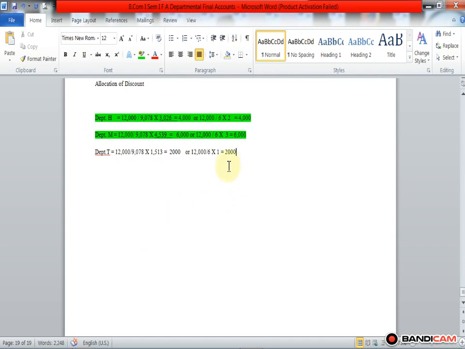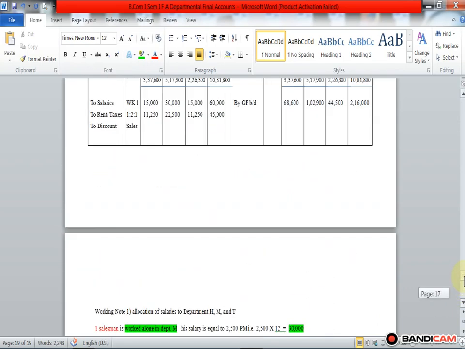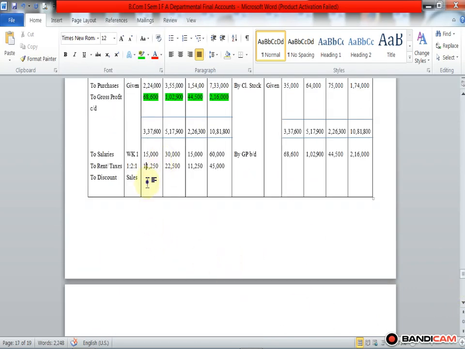So these are the allocations of discount among each department. We allocate these expenses on the ratio of sales: rupees 4000 to department H, 6000 to department M, and rupees 2000 to department T.